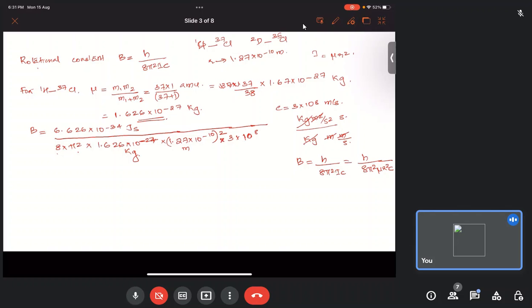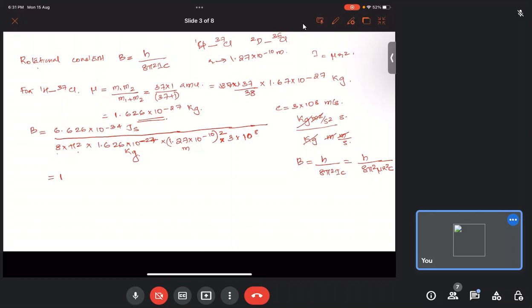C is 3 into 10 to the power 8. So when we do the calculation, it will be 6.626 divided by 8 into pi square into 1.27 square into 3.